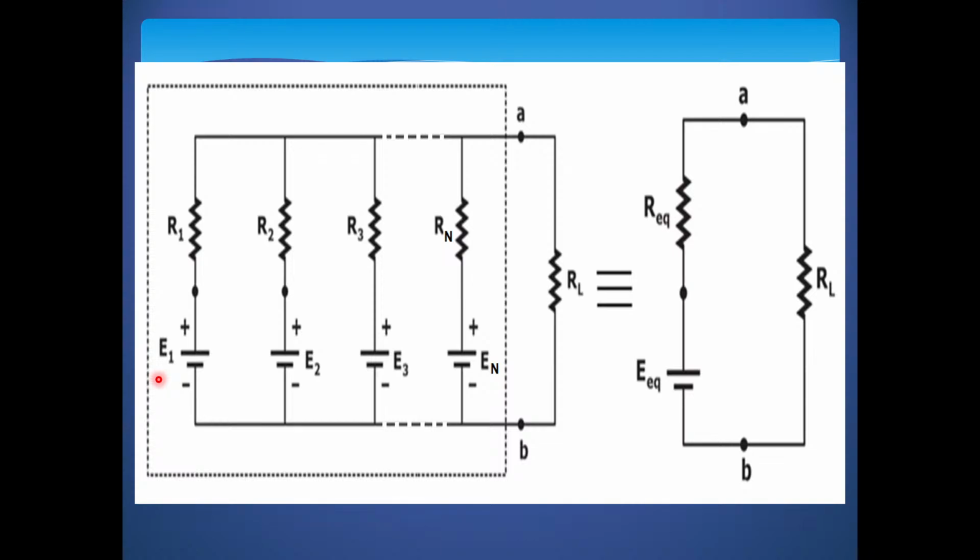But here in the statement itself, they have mentioned that if n voltage sources are connected in parallel along with their internal resistances, all these voltage sources E1, E2, E3 up to En can be replaced by an equivalent voltage source, E equivalent. And the n resistors, which are the internal resistances of these sources, can be represented by an equivalent resistance.